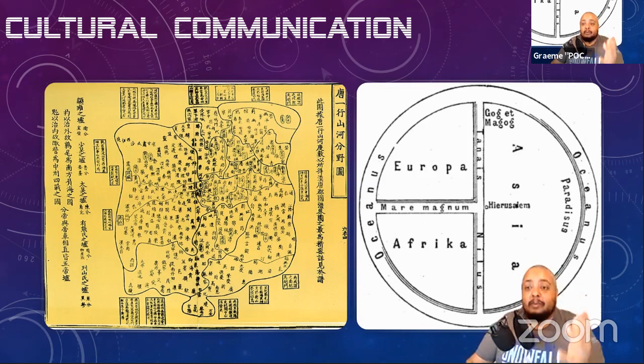So these are 2 of my favorite maps as far as cultural communication goes, because A, they're beautiful, and B, they pass on so much cultural information. And what do I mean by that? Well, the yellow map that you see off in the distance there is a map from China in antiquity.